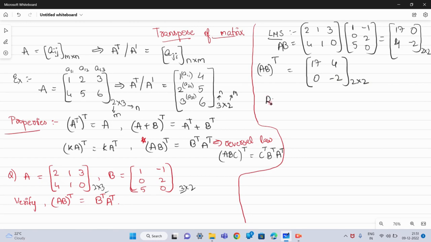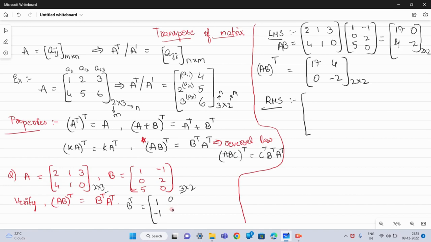Now let's solve the RHS part. In RHS, it is B transpose A transpose. Take the B transpose part. Here B has 3 rows. Now it becomes 3 columns and 2 rows. Take the first row and write it as the first column: 1, minus 1.